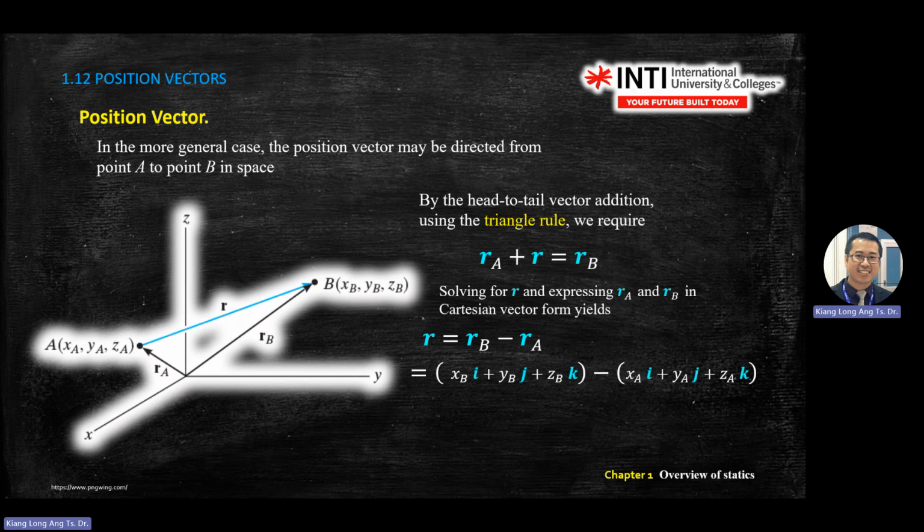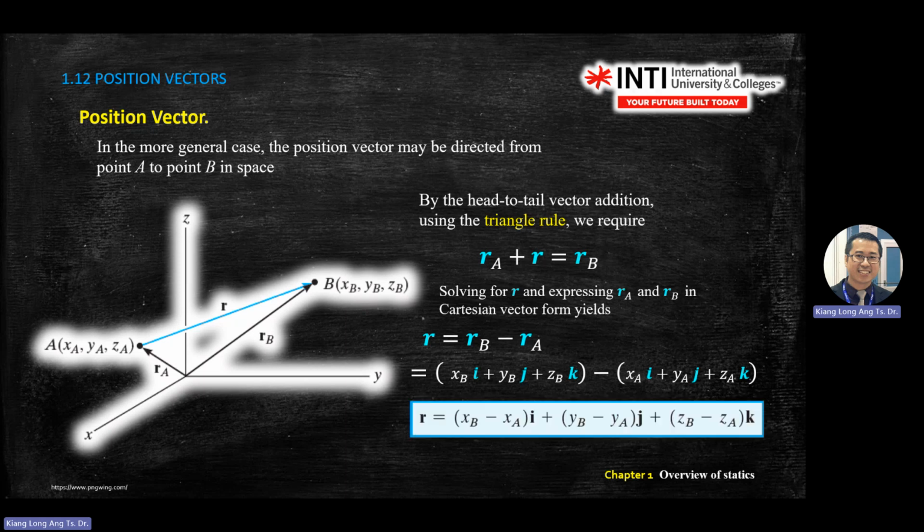What is the next step? If you deal with vector, you group i together, j together, k together. At the end, your answer will arrive at this form. Okay, so remember minus bracket means after you process the bracket, the terms become negative, negative, negative.